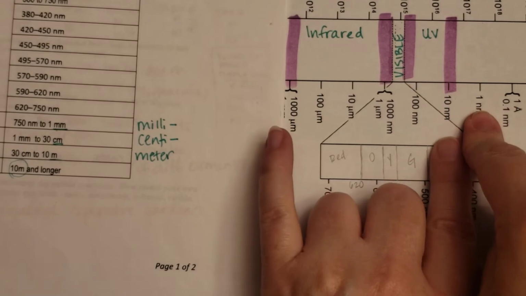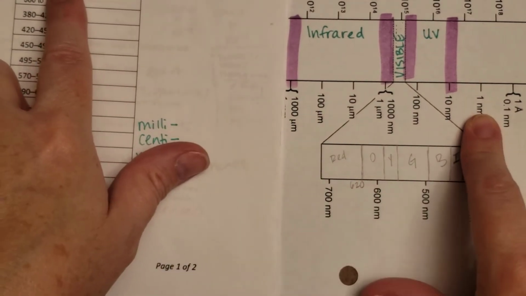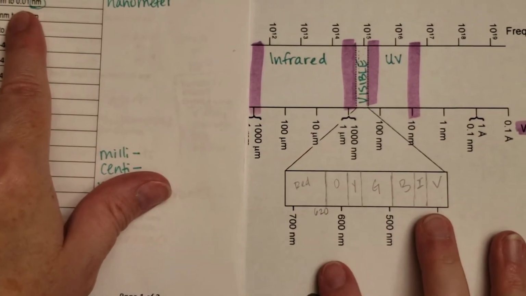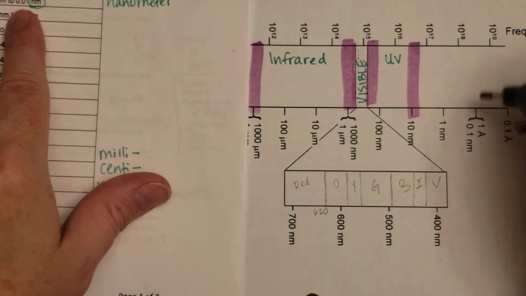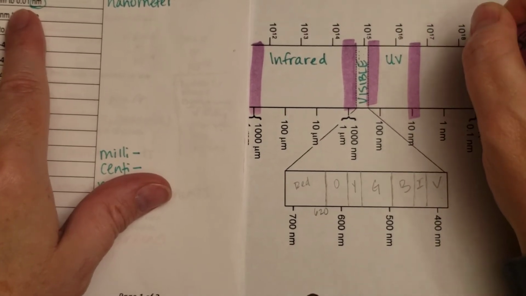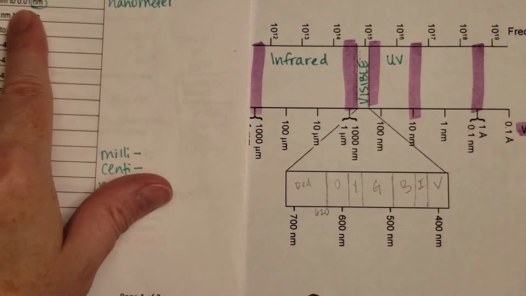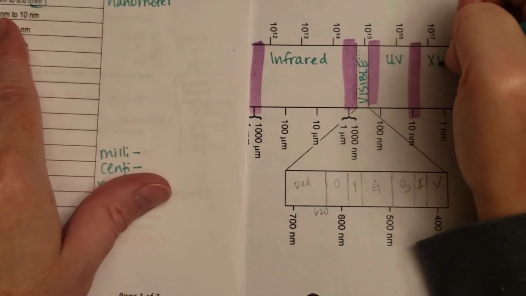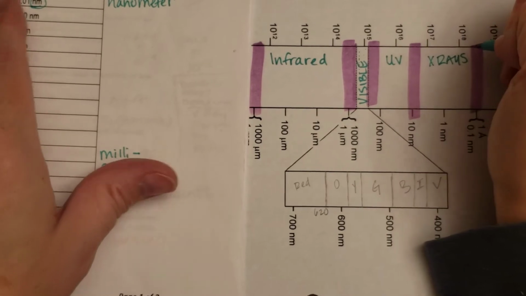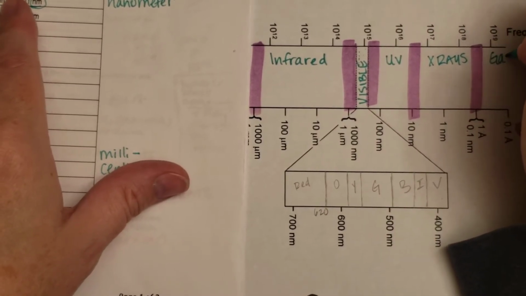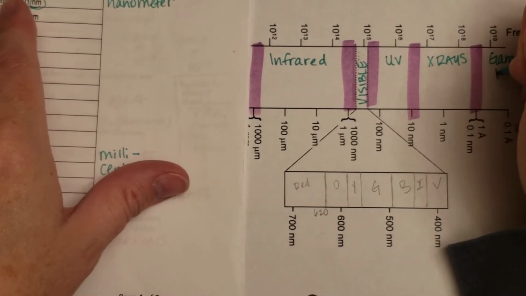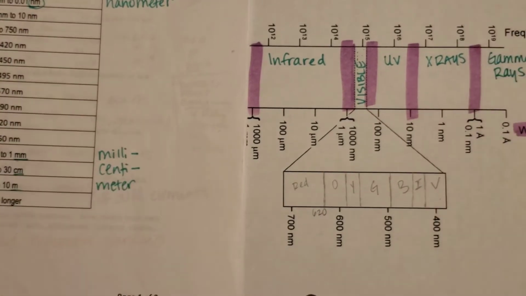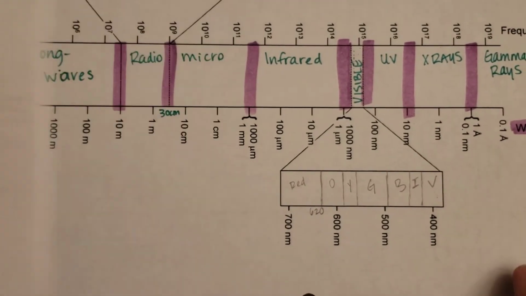And then X-ray is going to stop at 0.1. It's already got us a little line there. So here are X-rays and gamma at the end. Okay, so we've got it labeled.